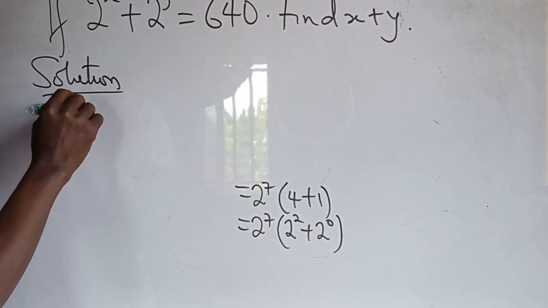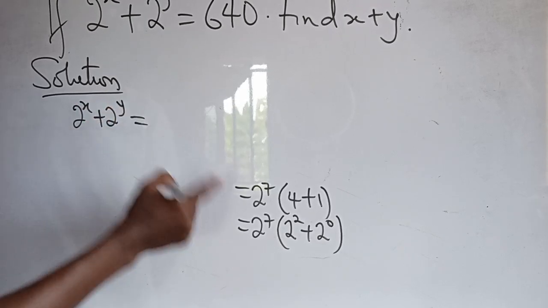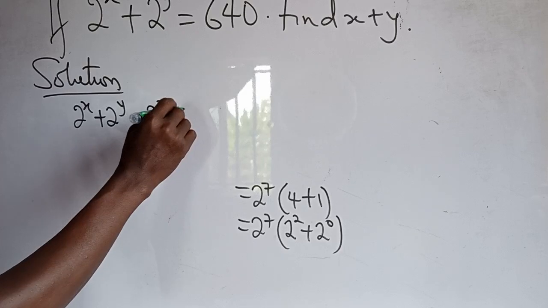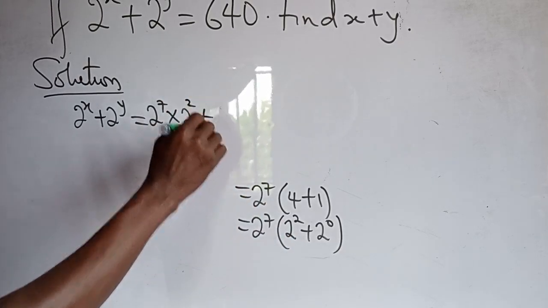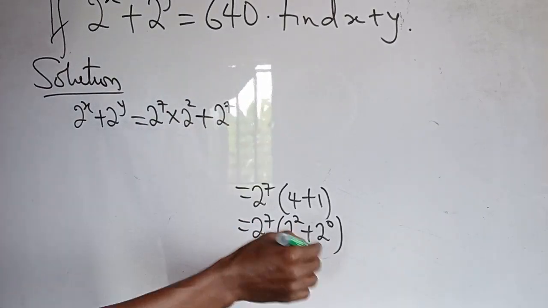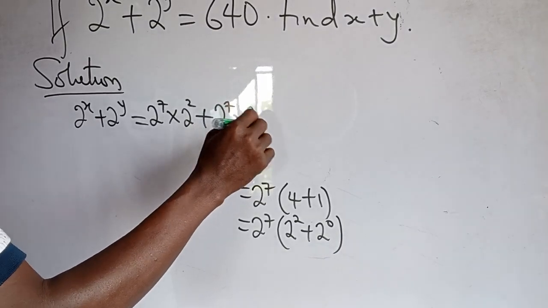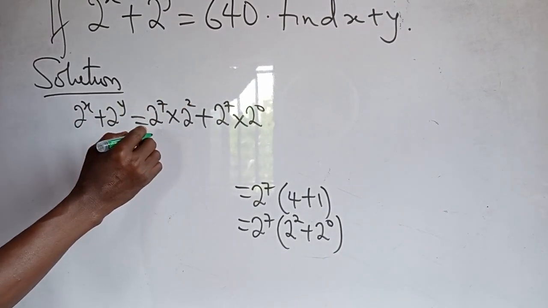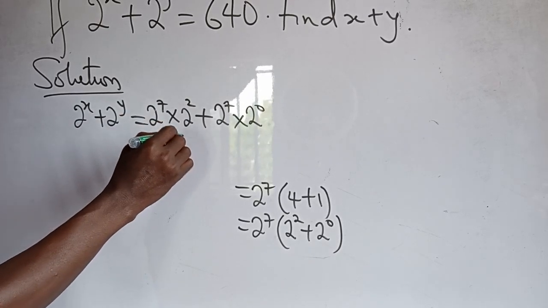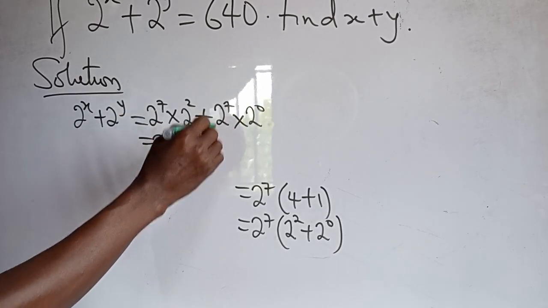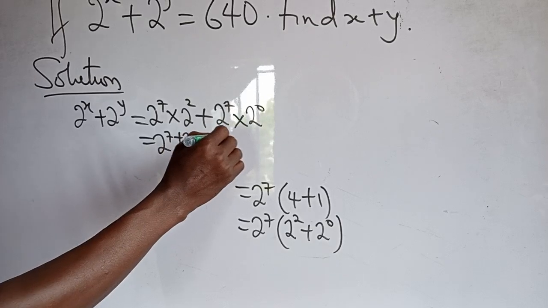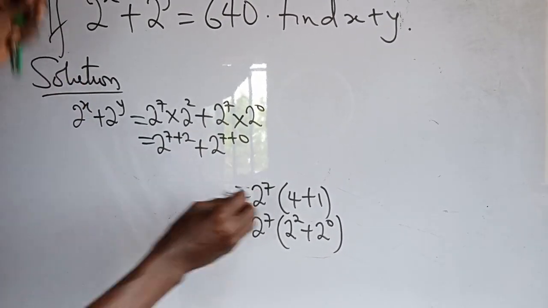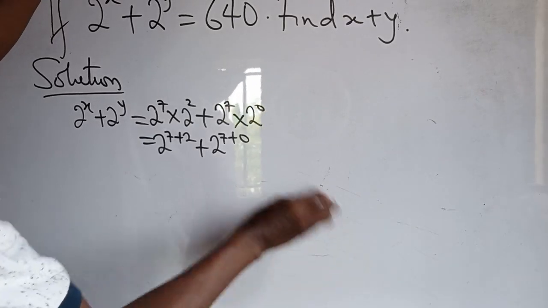We are having 2 raised by x plus 2 raised by y is now equal to, by the time we expand this, 2 raised by 7 multiplied by 2 raised by 2, then plus 2 raised by 7 multiplied by 2 raised by 0. So this one will give us, now you add the powers together, 2 raised by 7 plus 2 plus 2 raised by 7 plus 0. Beautiful. I hope you understand that.